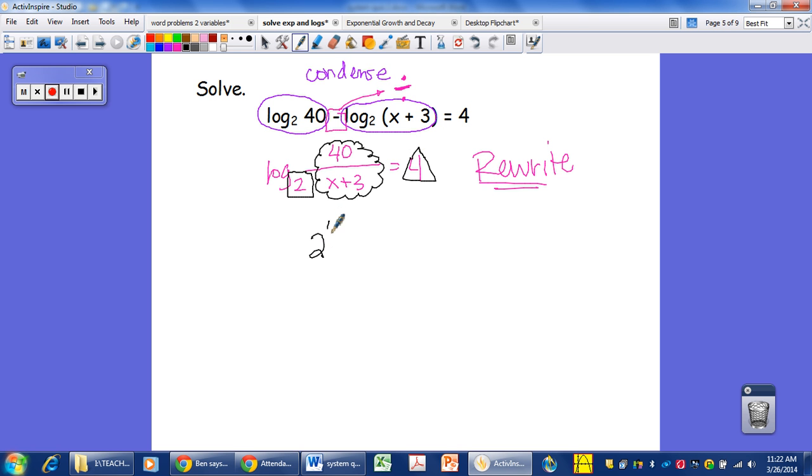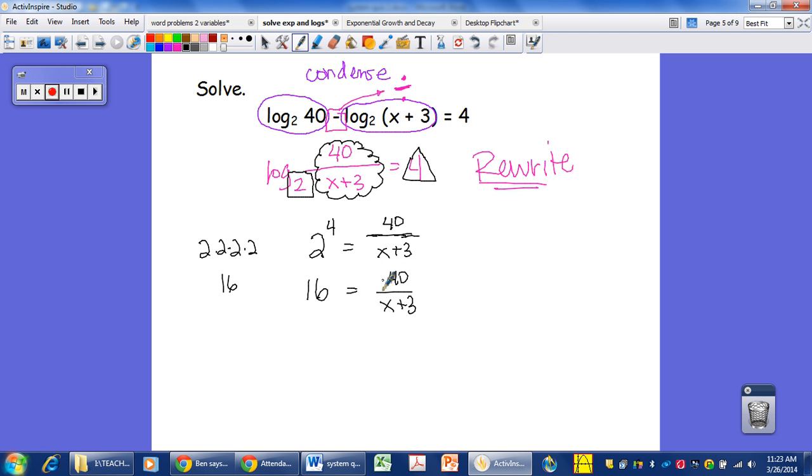So that becomes 2 to the 4th is equal to 40 over x plus 3. So now I no longer have a logarithmic equation, but a nice algebraic equation. So 2 to the 4th is 2 times 2 times 2 times 2. 4 times 4 is 16. 16 equals 40 over x plus 3.